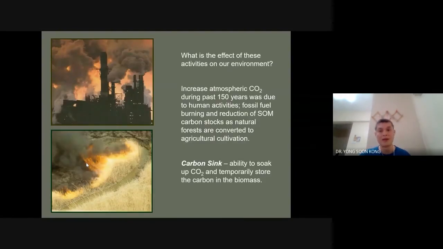But how? Now you see, the climate that we're having today is mainly due to human activities. And these human activities are none other than the production of something. Whatever you produce usually involves the burning of fossil fuel. And I think during this MCO, you must have seen a few diagrams from before MCO and after MCO.